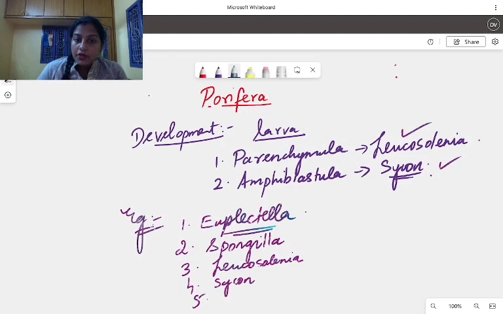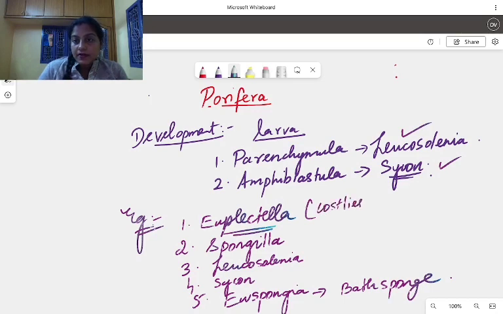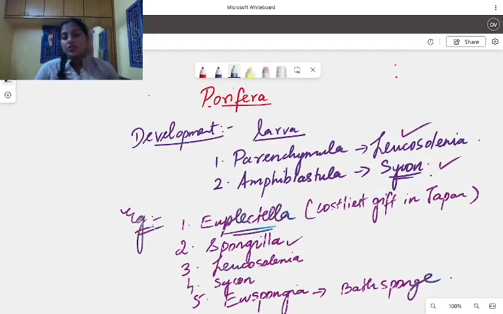And then you can write Euspongia, the bath sponge. So that you can remember. Sycon will be like an unshaped sponge. So these are 5 examples I have given. That's all. Porifera is done.